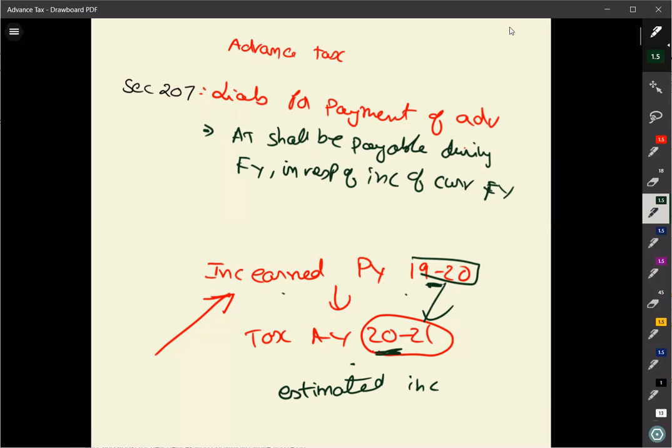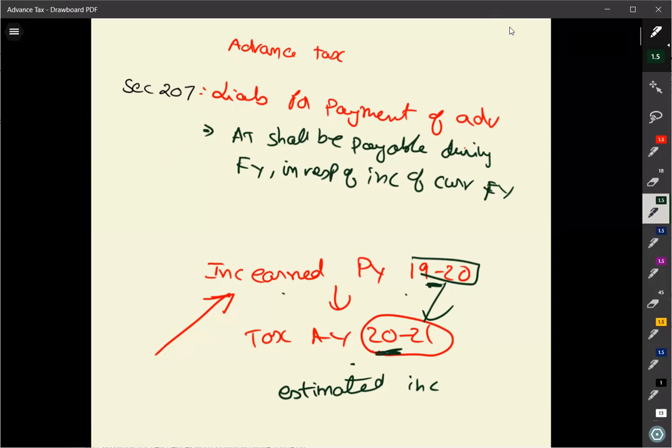Advance tax is to be paid every quarter: quarter 1, quarter 2, quarter 3, quarter 4. In quarter 1, I will estimate the income for the entire year. Based upon that, I will calculate the tax and pay the tax.